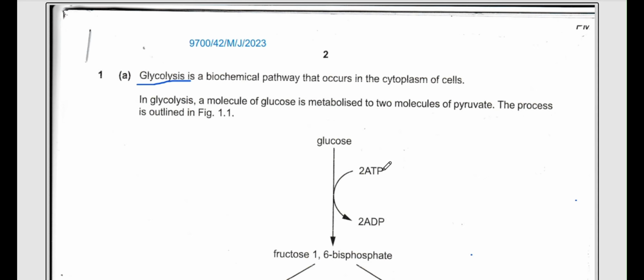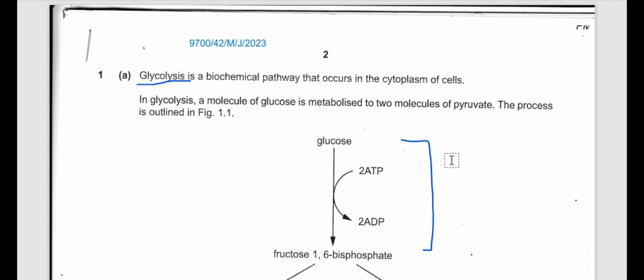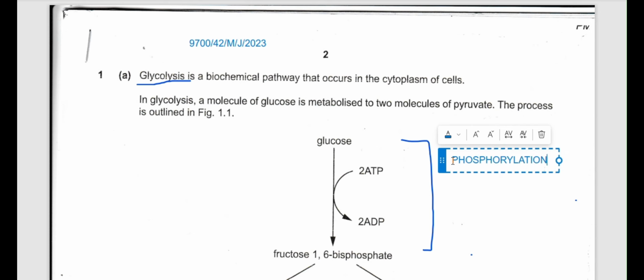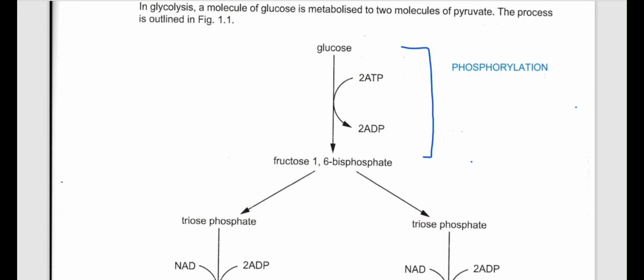Now, the two phosphate groups from these two ATP molecules have been given to glucose, and mainly this step, we call it phosphorylation. This is the phosphorylation step. Whenever phosphate group is added to some molecule, mainly to make it more reactive, we call it phosphorylation.